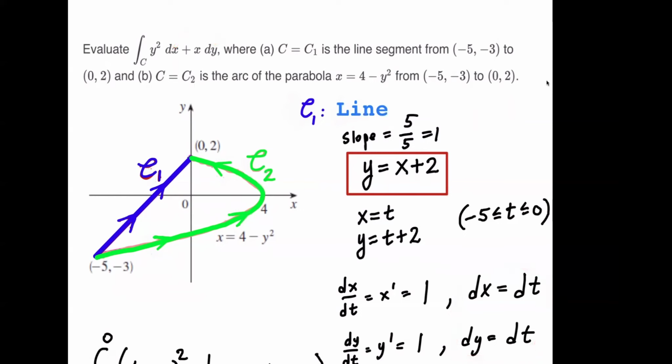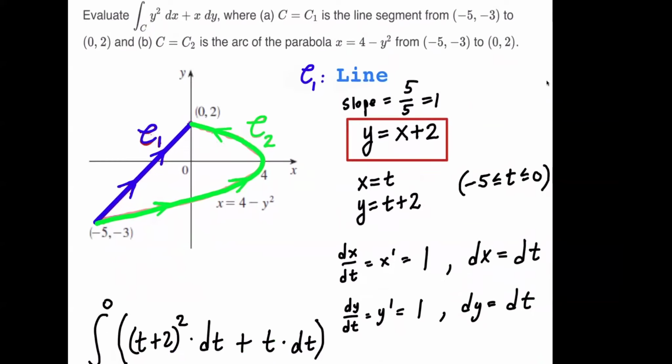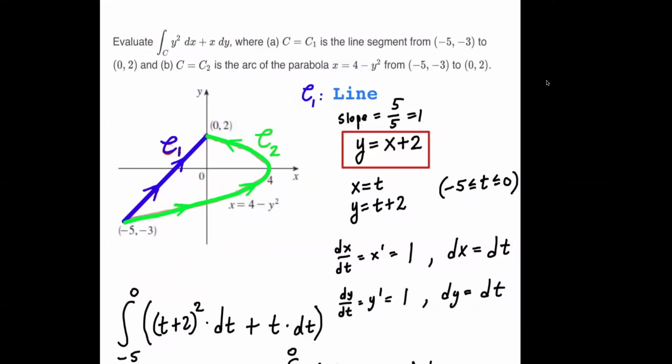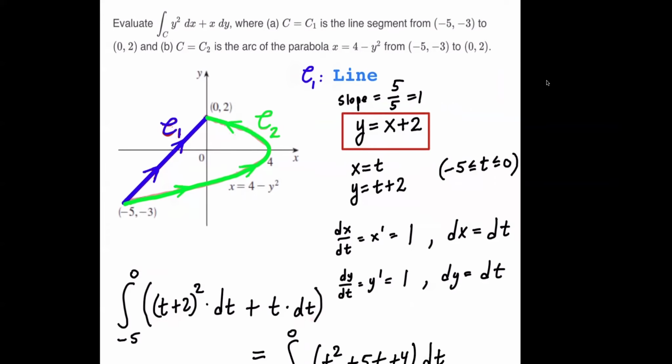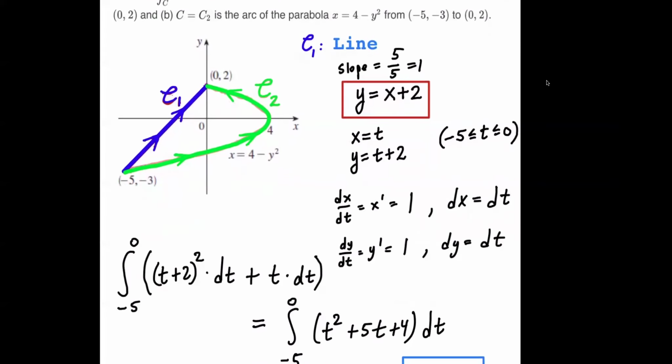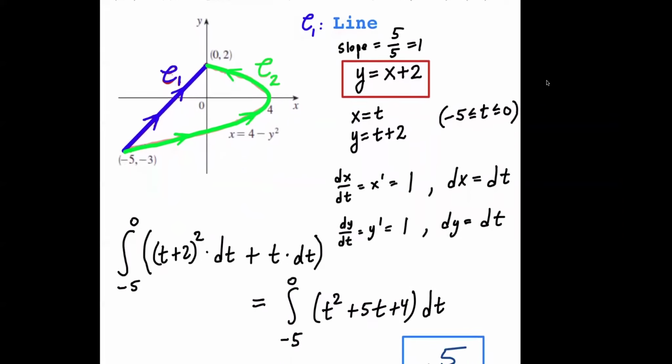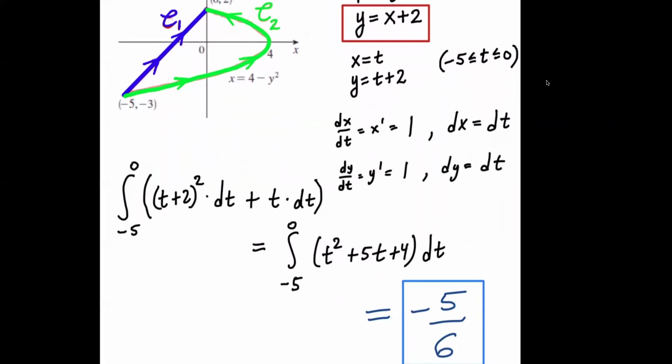So these two differentials just each equal dt. For y and x, we just substitute using our parameterization. So the original line integral in this case becomes y squared times dx, and then x times dy. And it's just some polynomial being integrated from -5 to 0. You calculate it, and you get the answer is -5/6.